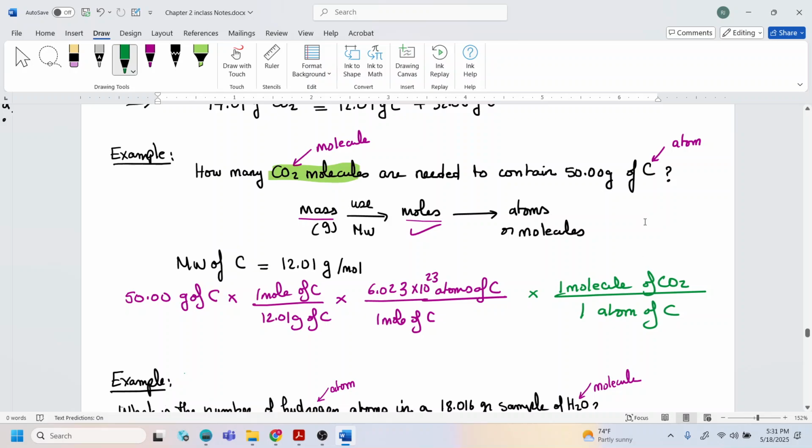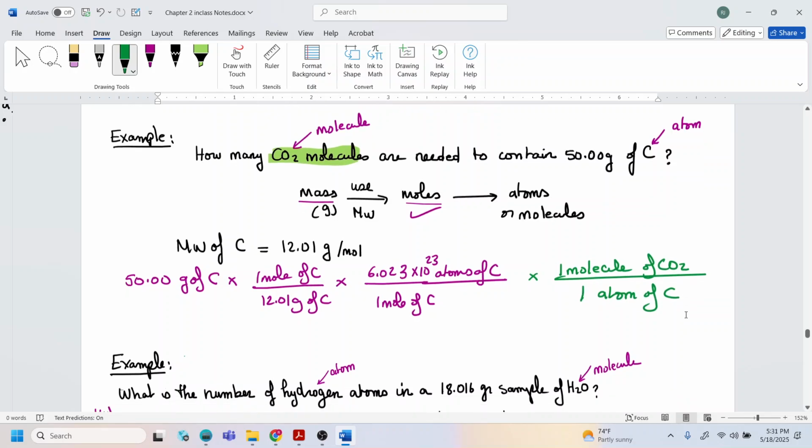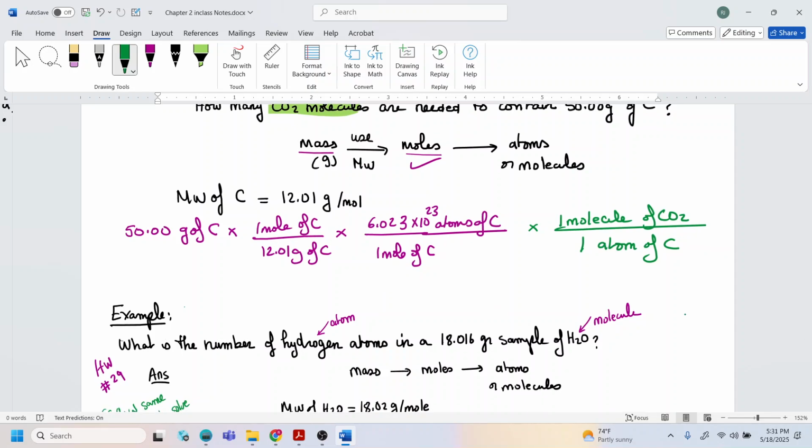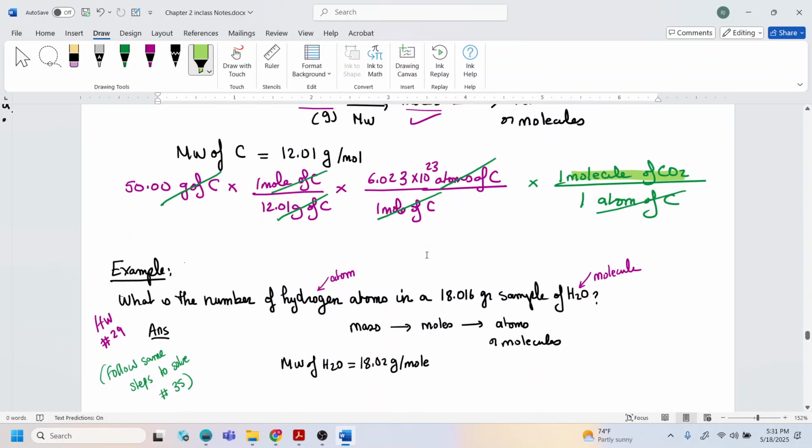So remember, if that was oxygen here, then this here is going to be 2 atoms of oxygen. So please pay attention to that. As long as your units cancel out, so the atoms and the atoms cancel, the moles and the moles cancel, the grams and the grams cancel, and I am left with the moles of the carbon dioxide in there. Okay? Yeah, you can do the calculation for this one.